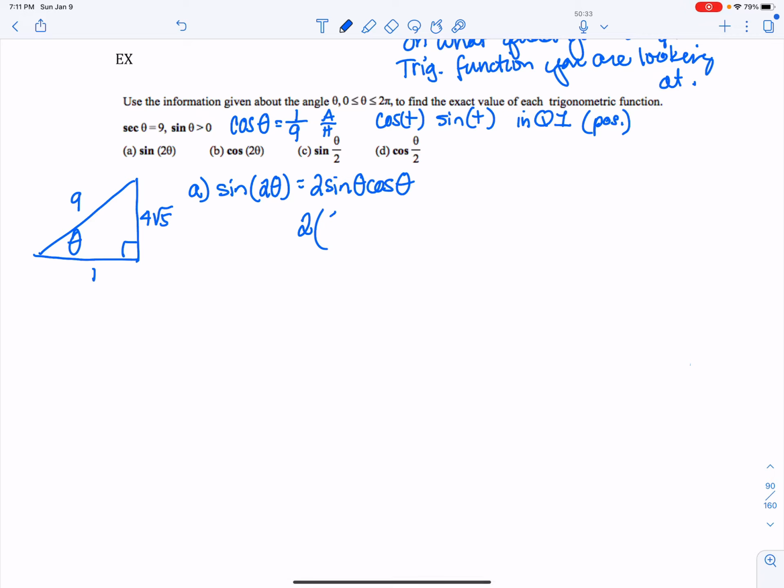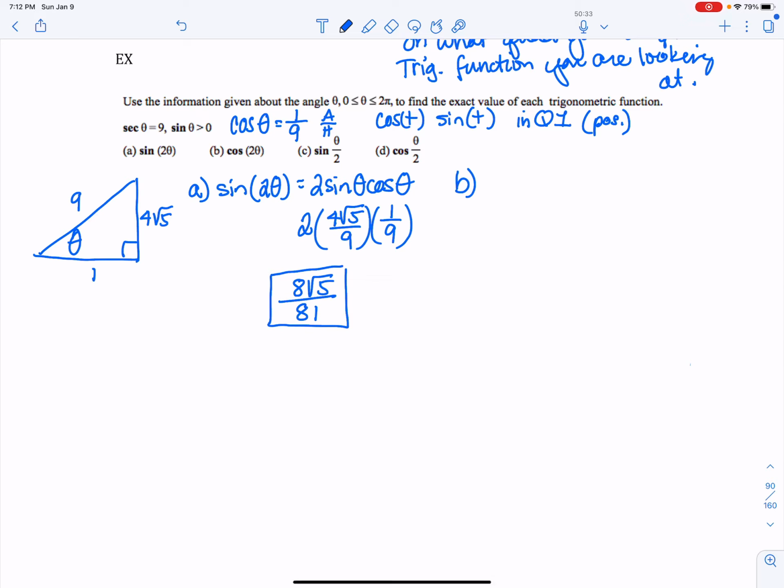Sine is opposite, which is 4 radical 5, over the hypotenuse, which is 9, times cosine, which is 1 over 9. Now when I multiply that out, I get 4 times 2, which is 8, square root of 5, times 1, so it's just 8 square root of 5, over 9 times 9, which is 81. And I can't reduce this down, so this is my answer for part A.